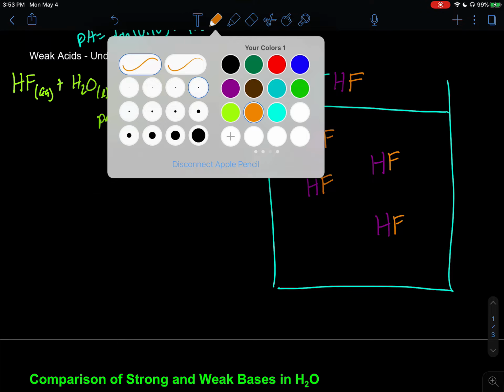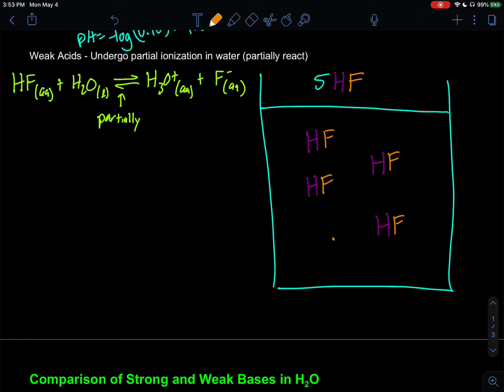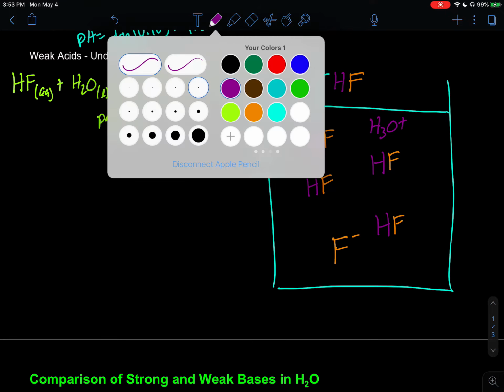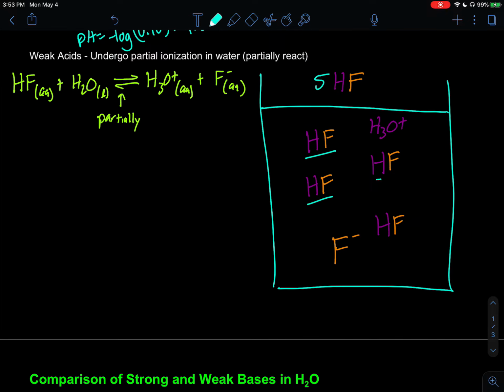Only a portion of that is going to give us a reaction where we get F minus, and then we also get an H3O plus. So what we notice very specifically about a weak acid is that the majority of our weak acid are in this molecular form, right?